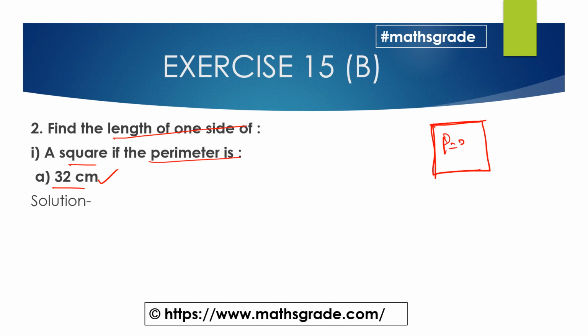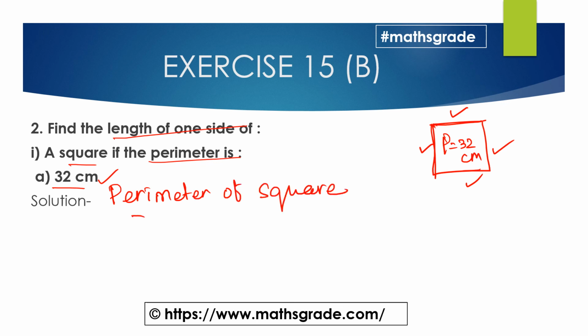We know in a square all the four sides are equal, and the perimeter of the square is 4 multiplied with length of one side.